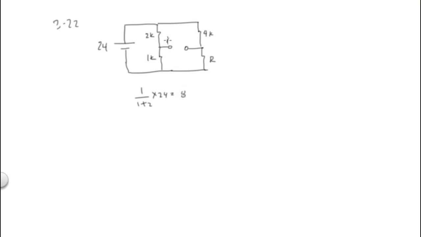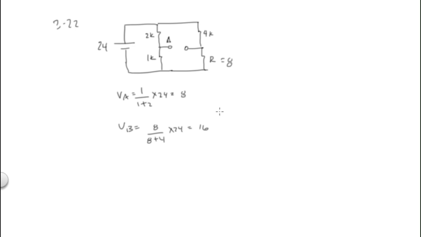So the voltage at VA is 8. Okay, next, R equals 8. That would be V at B is equal to 8 over 8 plus 4 times 24, or 2/3 of 24, or 16.